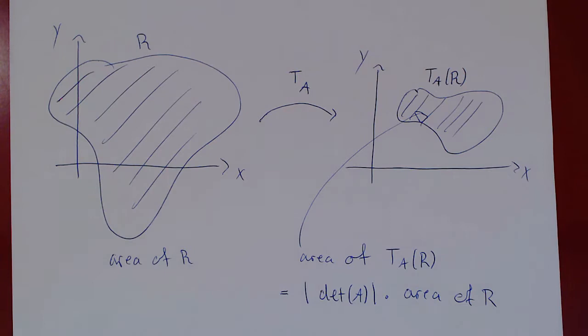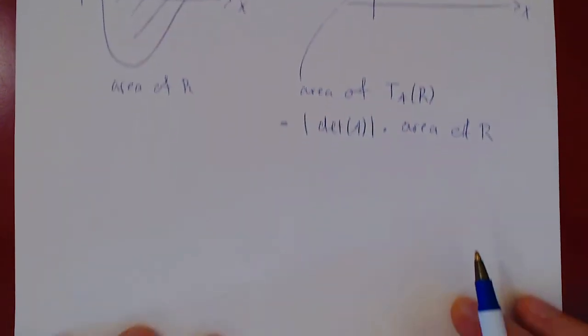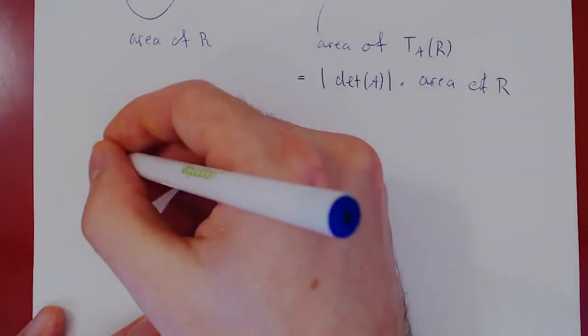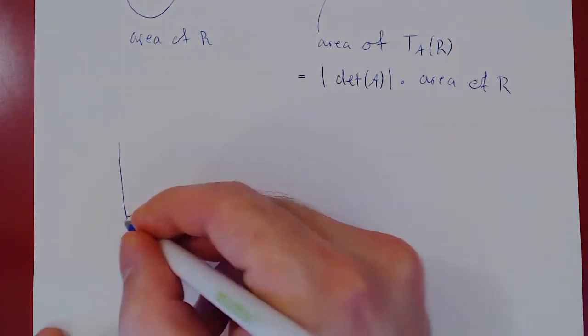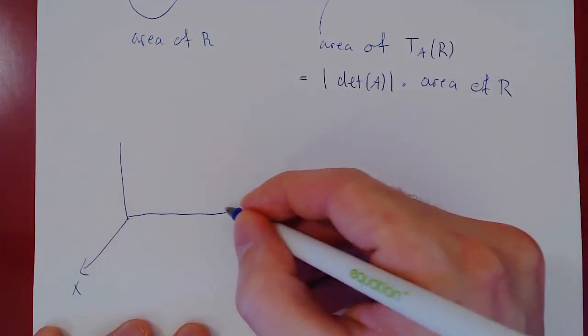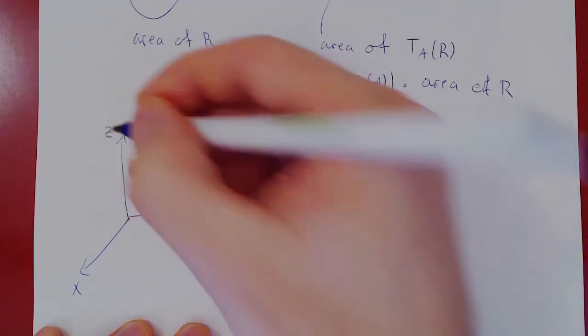And you could have done the same thing with a solid. With a 3 by 3 matrix, you would be acting on the 3-dimensional space. So now you'd have x, y, z coordinates.